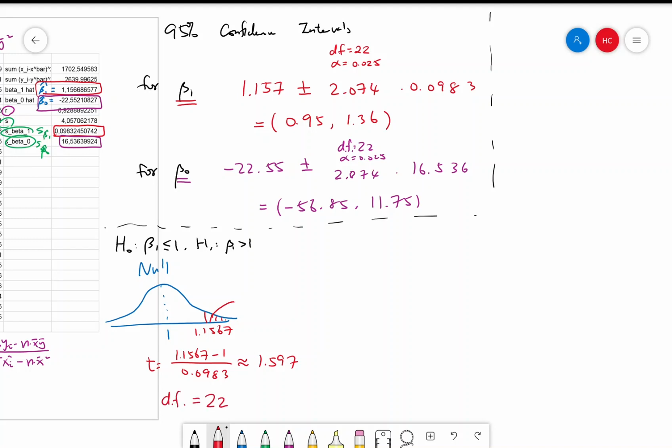You look at the table for degree of freedom equal to 22, and we know the p-value is between 0.1 and 0.05. 0.1 gives you the value in the table, which is 1.321, and 0.05 gives you 1.717, and 1.597 is between the two green numbers. So the p-value is between 0.05 and 0.1, so we cannot reject H naught at the 5% level.